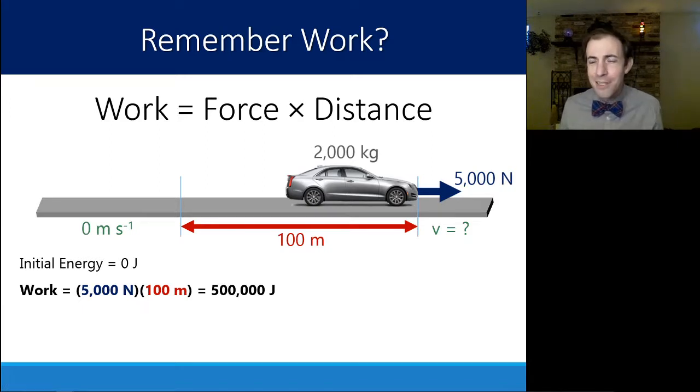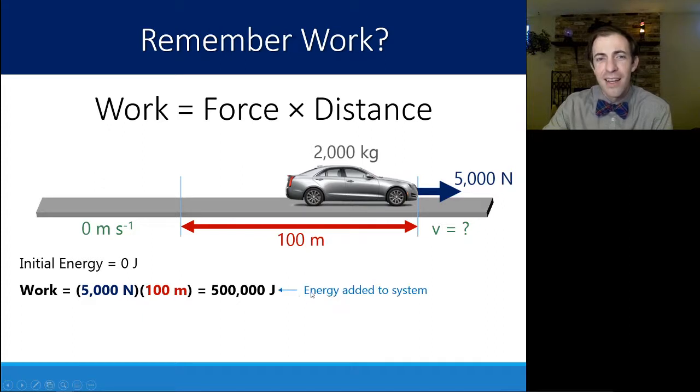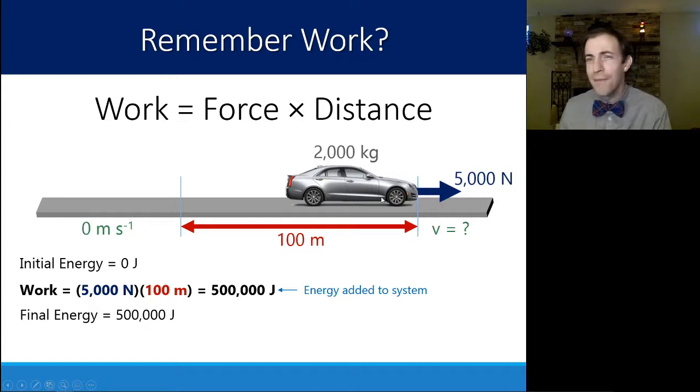Well, work has this property that it is adding energy to our system, or adding energy to this particular object. Now, this car had 0 energy. Then 500,000 joules of work was done on the car. So then that is energy now added to the system to give us a final energy of 500,000 joules. If I wanted to find the velocity here, I know that all of that energy is in the form of kinetic energy.